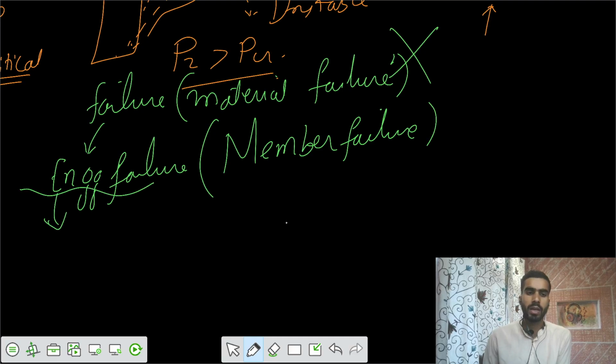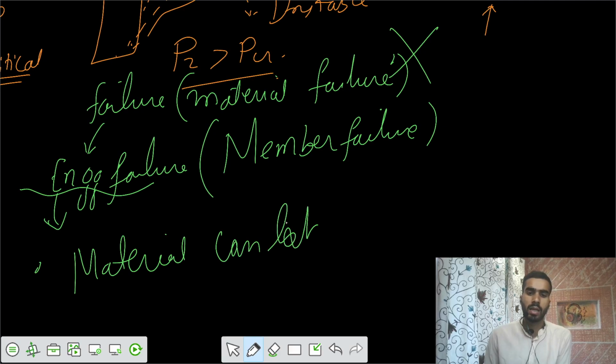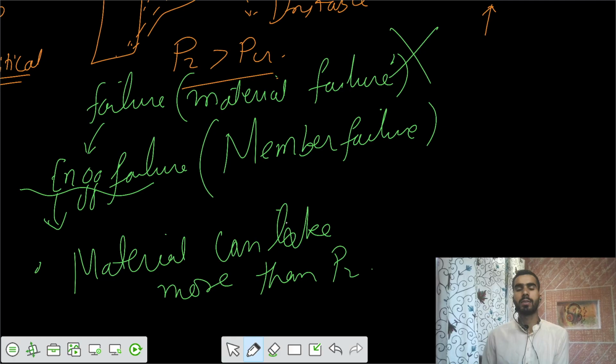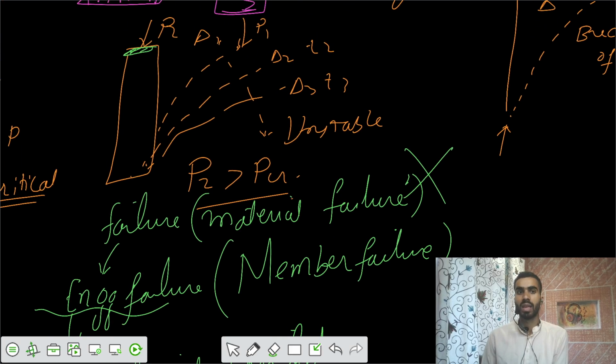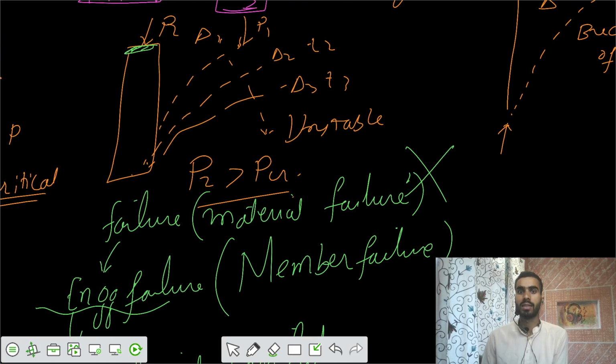So your material can take more load than that P2, but your overall member is failing. It's failing because there is some engineering drawback in the design.